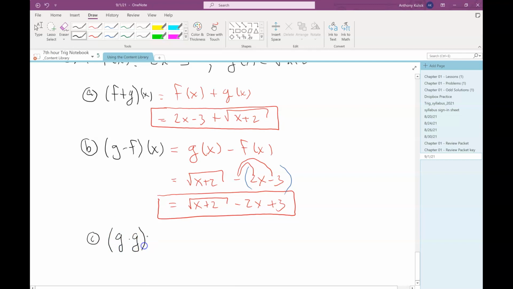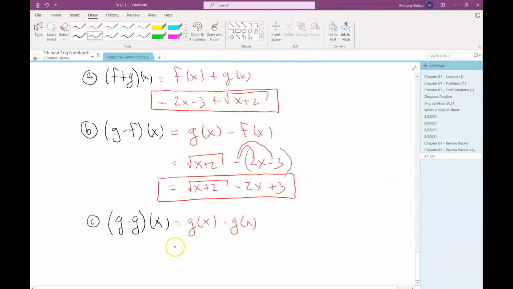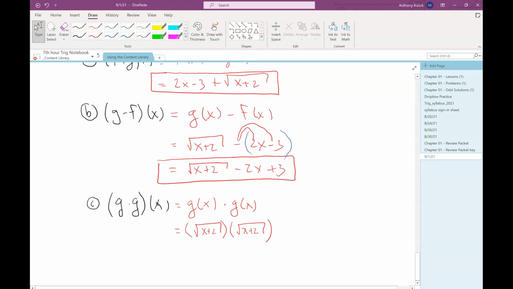What if we do g times g of x? Well, again, the definition says that should just be g of x times g of x. G of x is the square root of x plus 2. Can I multiply the square root of x plus 2 times the square root of x plus 2? Yes. What would I get? The square root of x plus 2, squared.